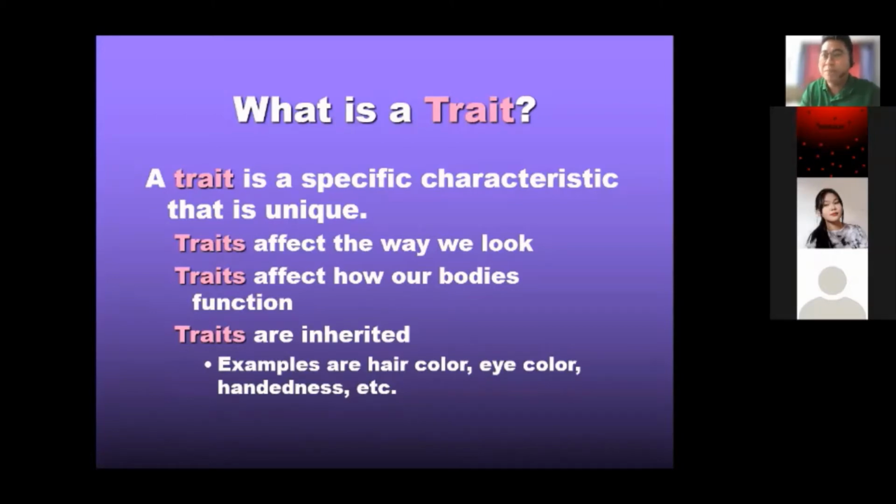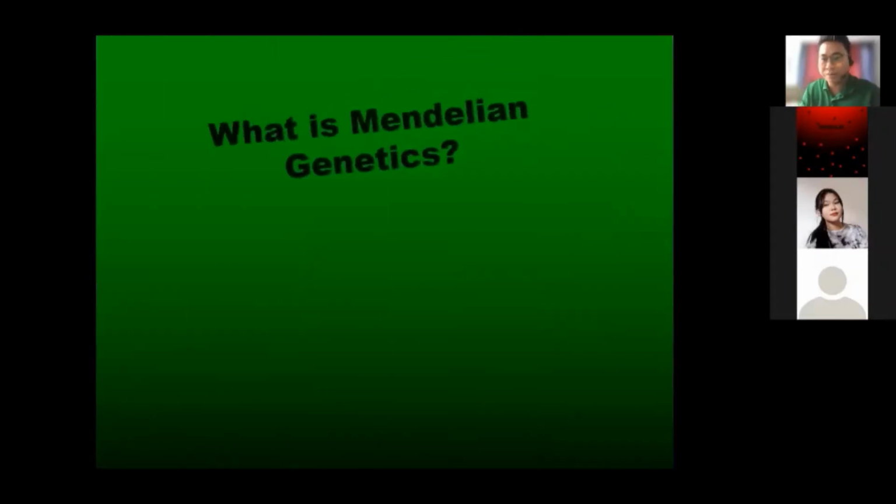Most of the time, minsan hindi namamana ito from the parents but from the lolo and lola and some of the tita, which is still coming from your parents, but then it's a different trait kasi may dalawa tayong types of trait. Malalaman natin yan later on.